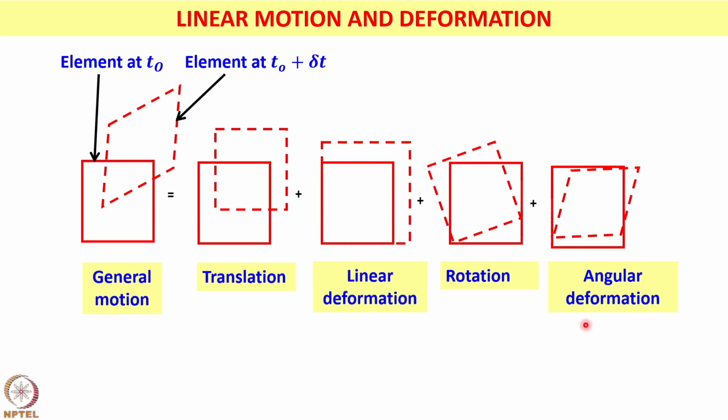In rotation, the surfaces can again remain perpendicular, but they undergo angular motion. In addition, it can also undergo angular deformation. So when a fluid particle moves from one location to another within a time span of delta t, it can translate, linearly deform, rotate, or angularly deform, or all of these can occur.